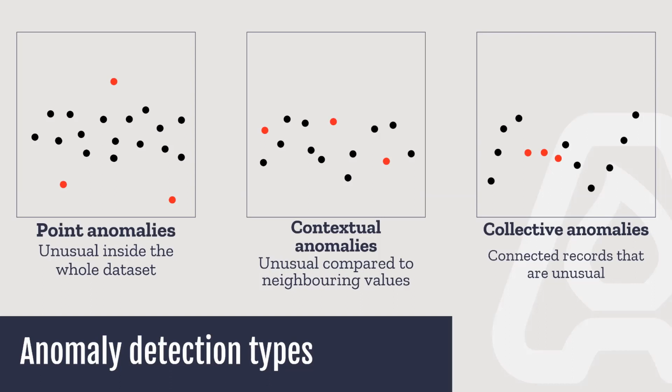So there's 3 different levels of anomaly detection, from point to collective. Point being the easiest and least sophisticated set of algorithms or rules to implement, and collective being the most sophisticated, least likely to generate false positives.